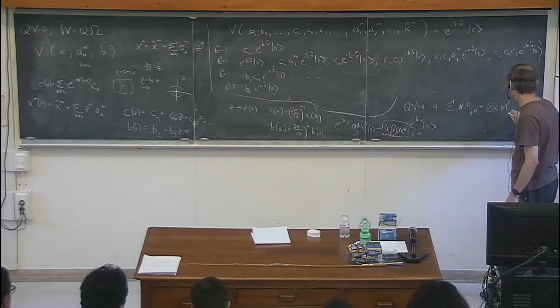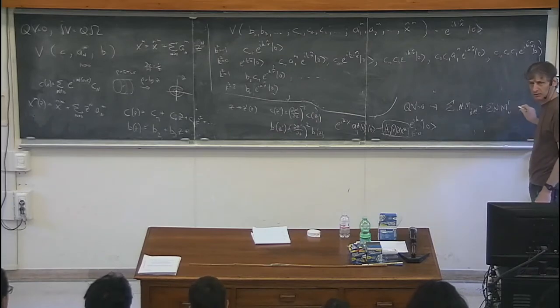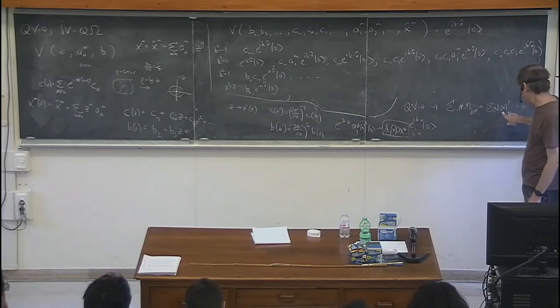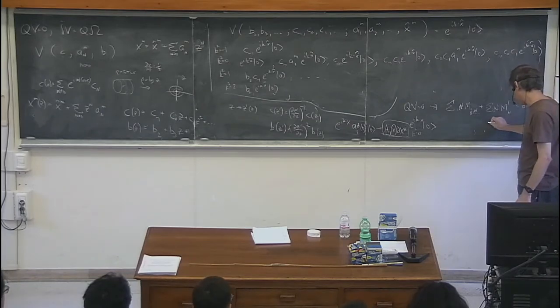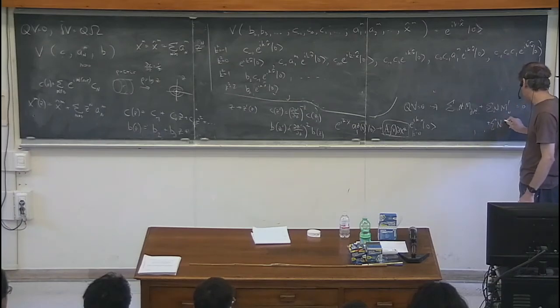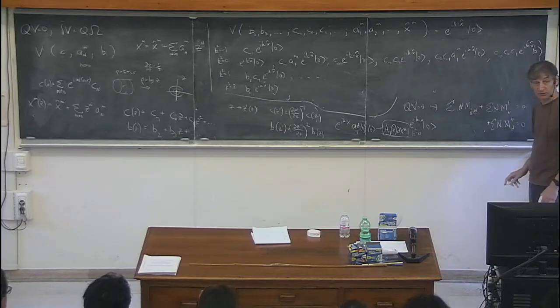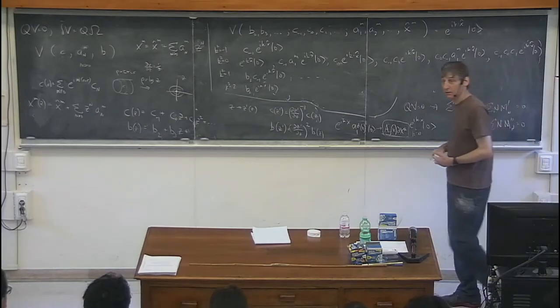What was the question? They can only be 0 and 1. You have one from the C ghosts, and then you have another one from the B ghosts, and each of them can only be 0 or 1. Any other questions?